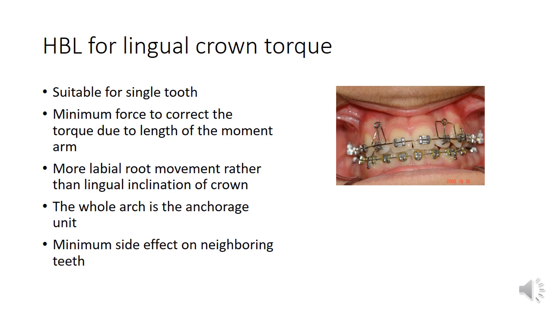And fourth, the whole arch is the anchorage unit, in contrast to the rectangular arch wire in the rectangular slot of the bracket. And finally, minimum side effect on neighboring teeth.